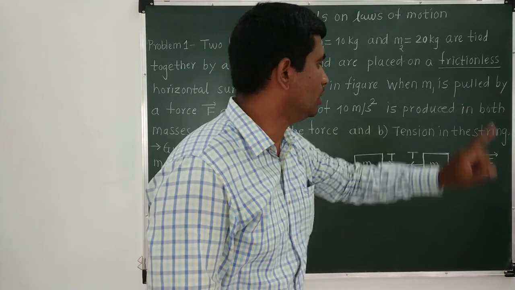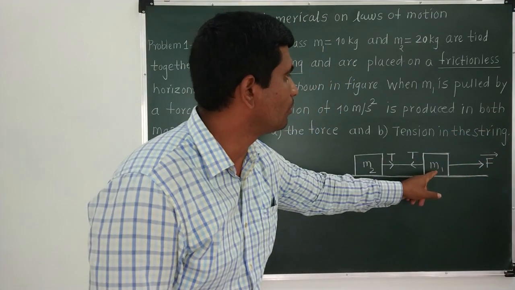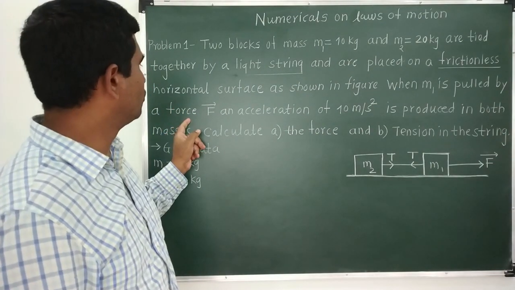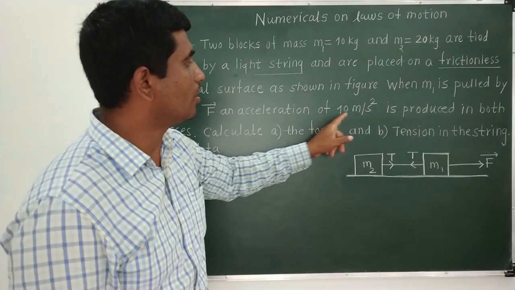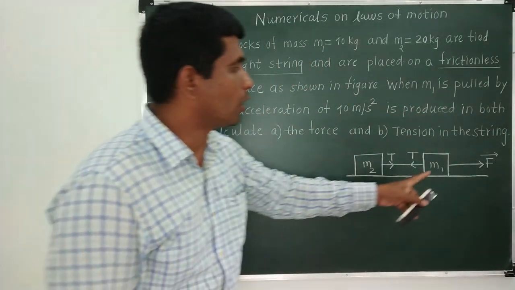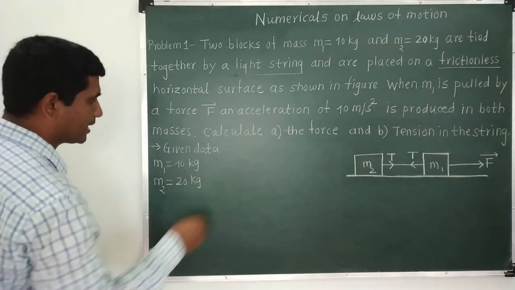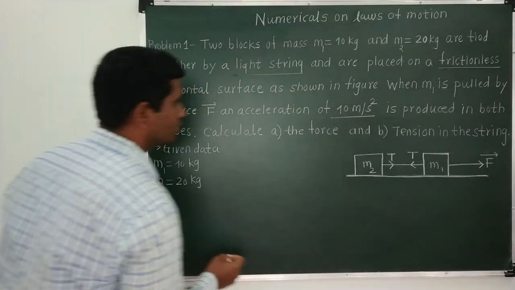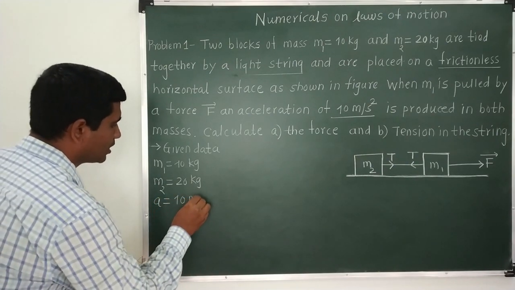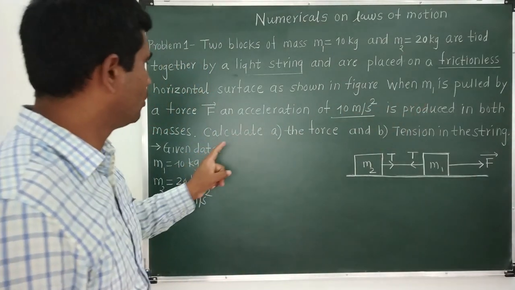When M1 is pulled by a force F, see this force acting on the block M1, an acceleration of 10 meters per second squared is produced in both the blocks.